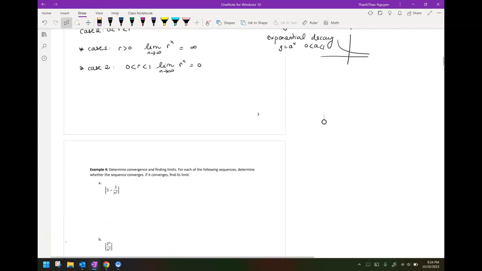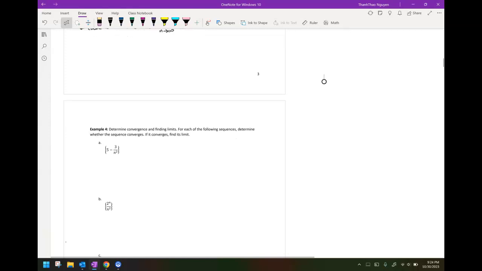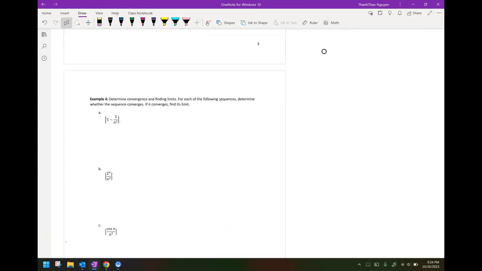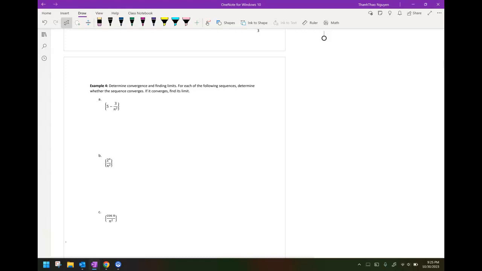Determine the convergence and find the limit for each of the following sequences. Determine whether the sequence is convergent or not. If it is, then find its limit. Okay, so the first one, we have 5 minus 3 divided by n squared.